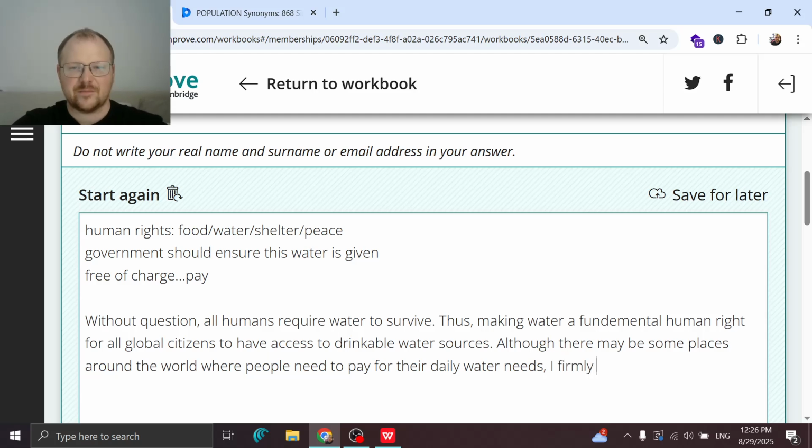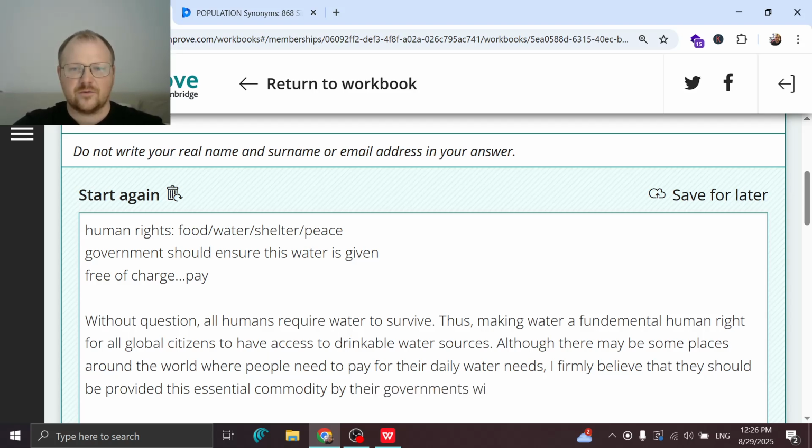I firmly believe that they should be provided this essential commodity by the government, by their governments, without the need for any payment.